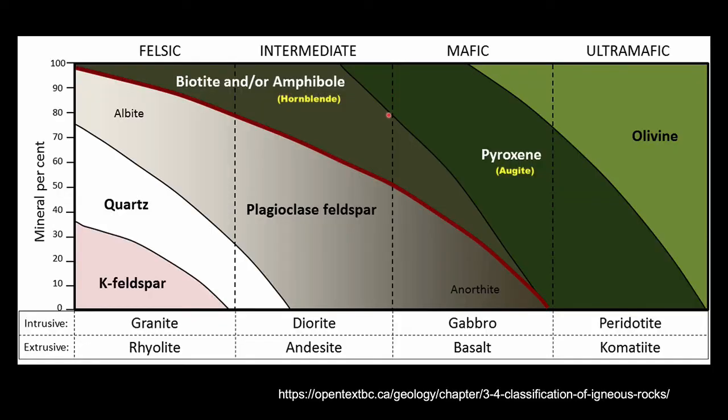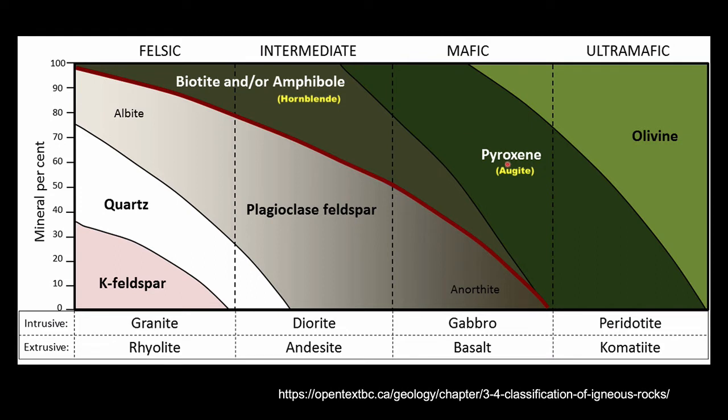If we look at a classification system for igneous rocks, you see over here there's peridotite, that nice green rock made of olivine and maybe some pyroxene. If you go to the left on this diagram, we have gabbro and basalt. So now we've moved from ultramafic to mafic composition, and now we have calcium-rich plagioclase, which is anorthosite.